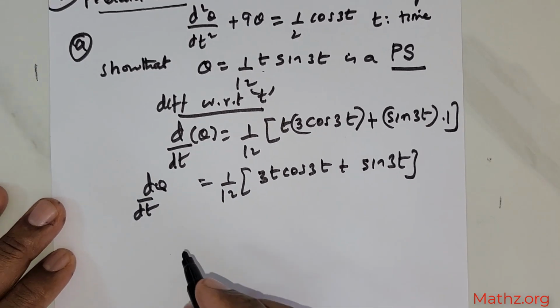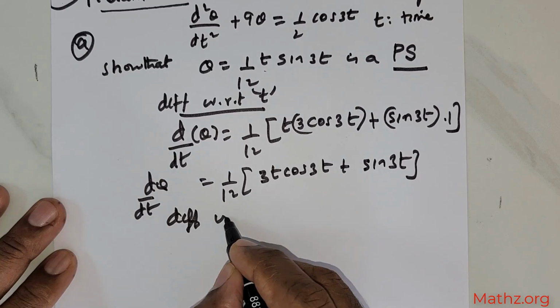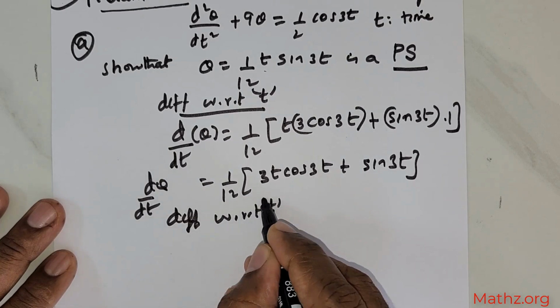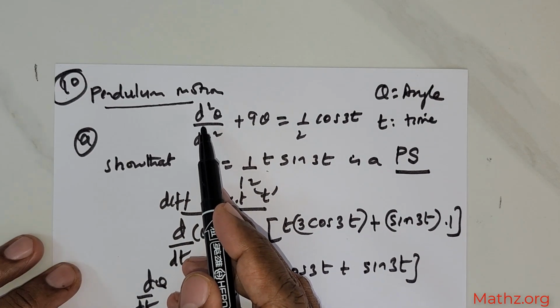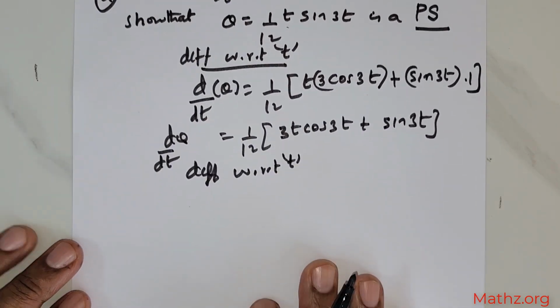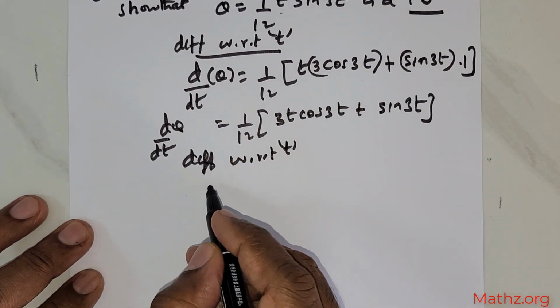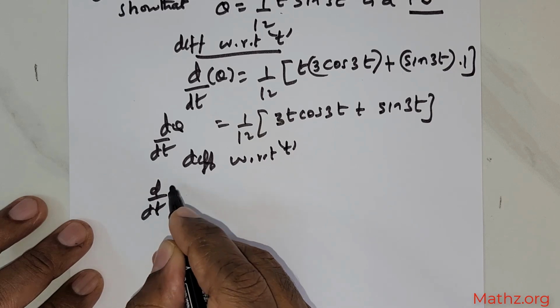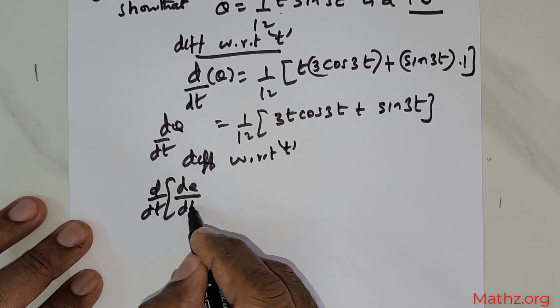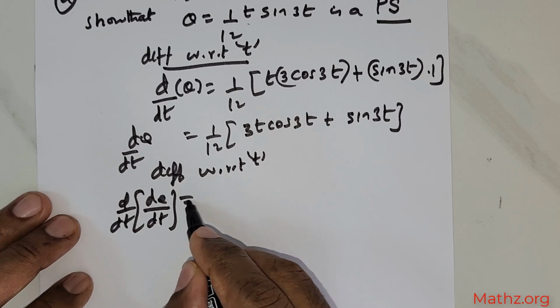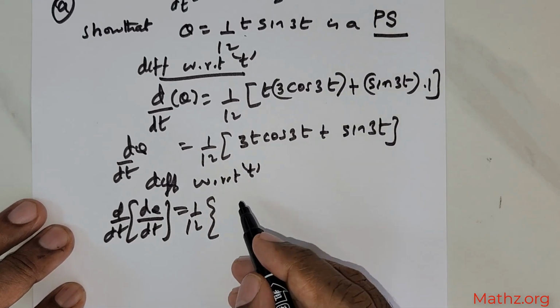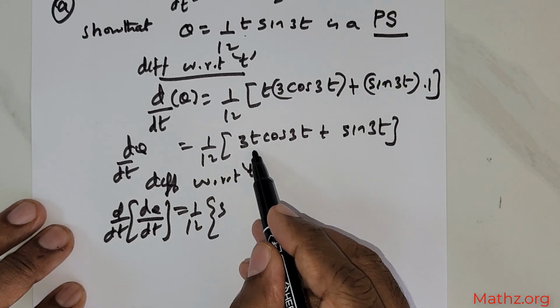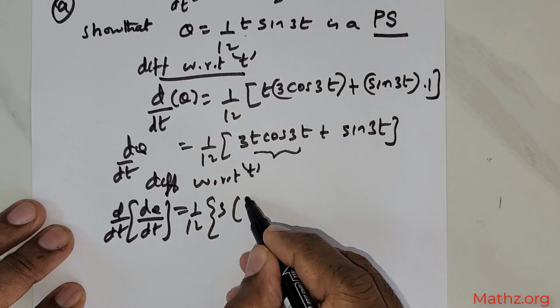Now I would like to differentiate this again, because of the fact I got d squared theta divided by dt squared. So this is going to be d over dt of d theta divided by dt. I'm differentiating it again. 1/12 is a constant, take it out. 3 is a constant, apply uv method.